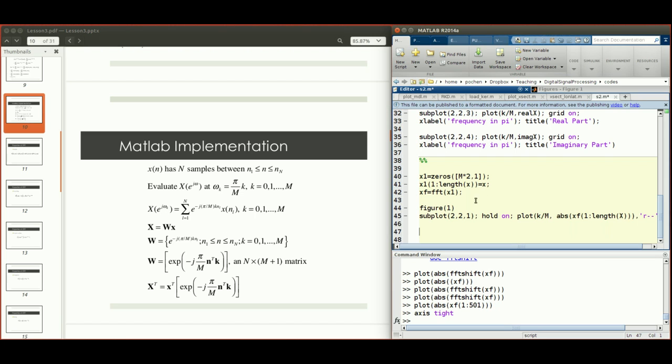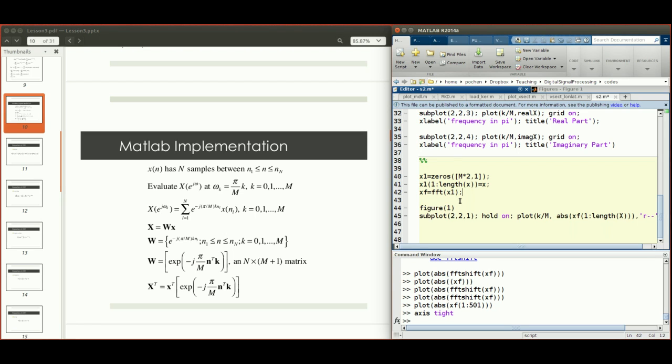And another thing that we have to be careful of is that the Matlab FFT function is actually not just doing a transform from 0 to pi. It's actually doing a transform from 0 to 2 pi, basically. So the frequency domain output actually goes from 0 to 2 pi. That's something that we have to remember.